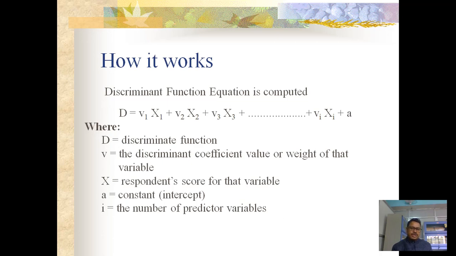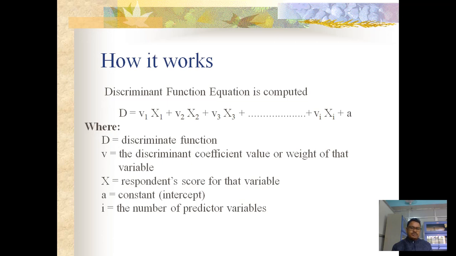For that, we have to compute the discriminant score, which is also known as D, or also called a discriminant function, and it is equal to the discriminant coefficient value, which we also call the weight of that variable, and the respondent score for that variable, whatever score has been applied in the questionnaire. So it could be a Likert scale, isn't it?